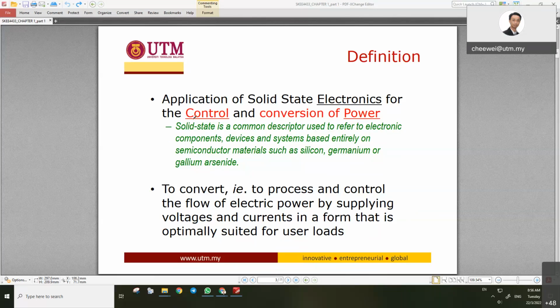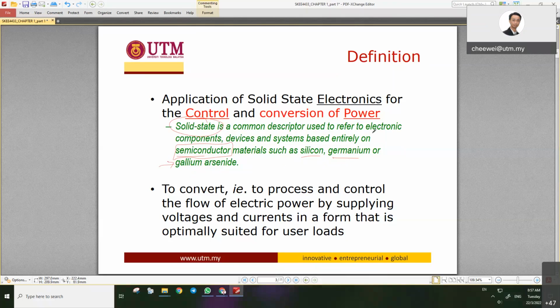Yes, thank you. So solid state refers to semiconductors, right? Devices that are entirely based on semiconductors. You guys have learned about silicon, germanium, and today the new thing that is widely used is gallium arsenide as well, silicon carbide, etc.